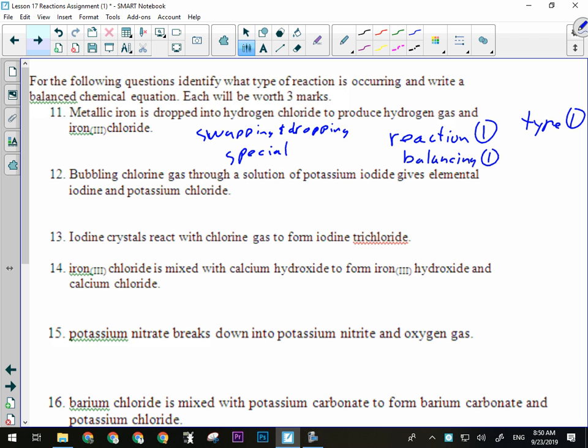I would say special elements is probably the bigger deal. When people make mistakes in this section, it's generally that they forgot something with special elements. They did everything else right, but they didn't. All right, so again, 1 mark for the reaction, 1 mark for balanced correctly, 1 mark for reaction type.